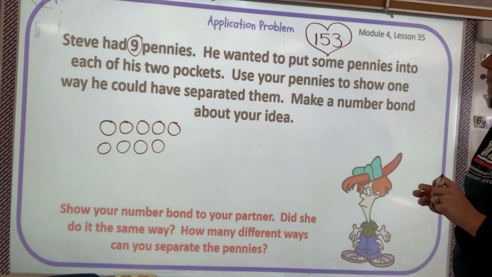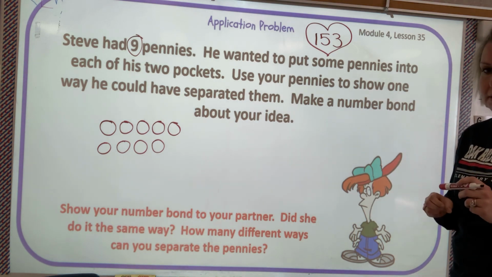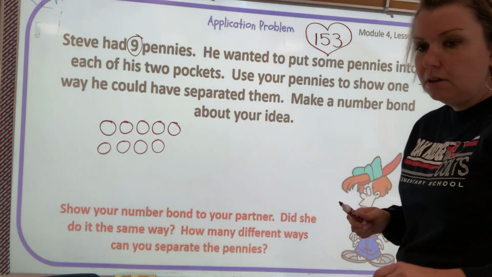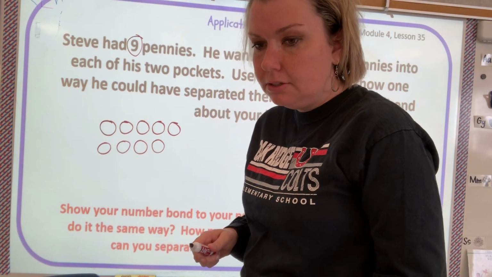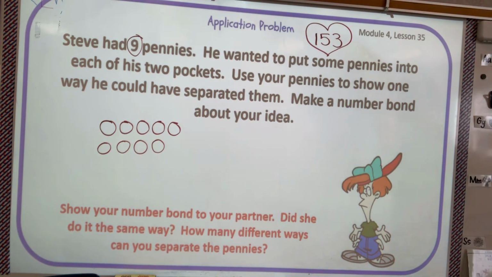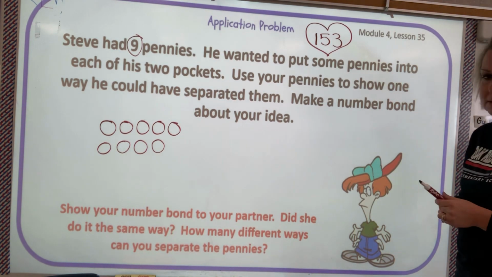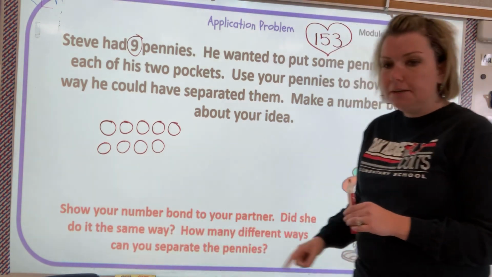He wanted to put some pennies into each of his 2 pockets. So we need to do what? What does that mean? How many groups are we going to make out of these 9 pennies?